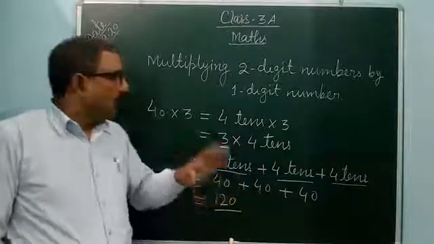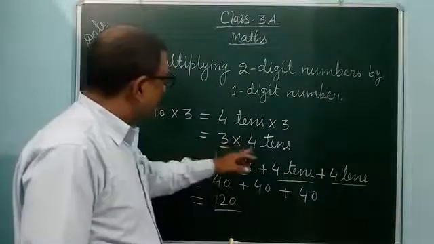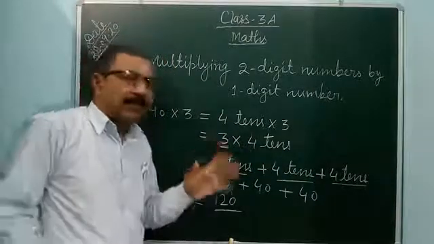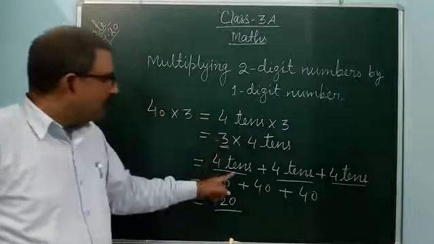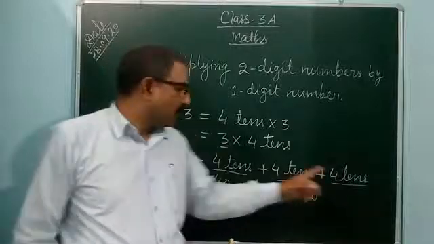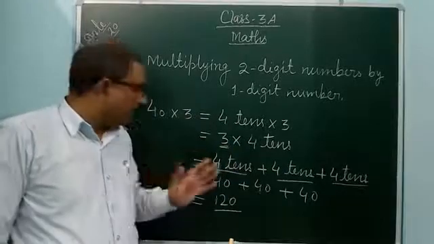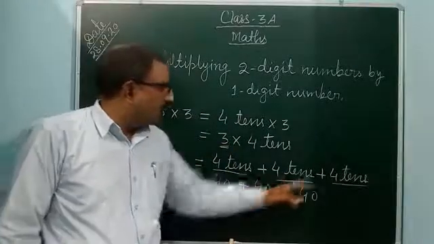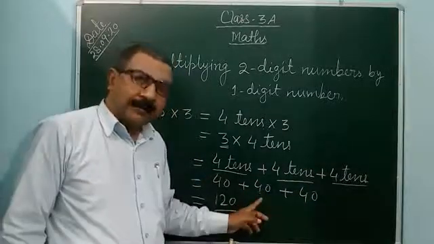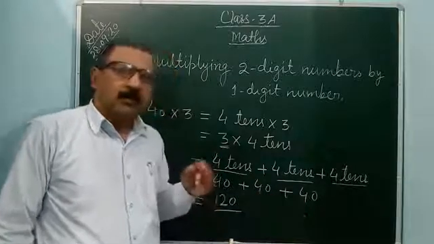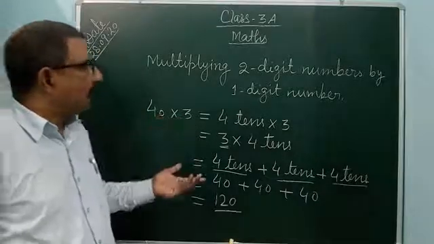If you add 4 tens 3 times, 4 tens means 4 into 10, which is 40. So 40 plus 40 is 80, 80 plus 40 is 120. So the total is 120.